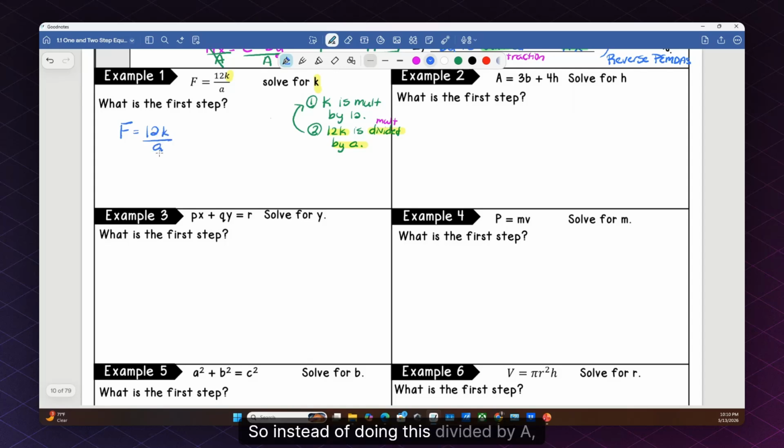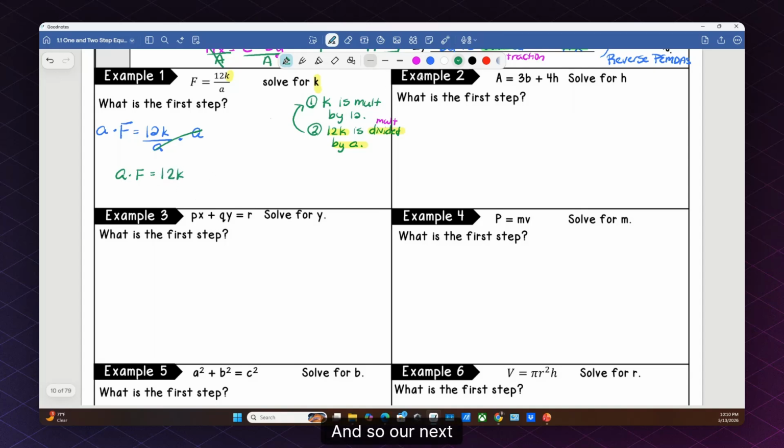So instead of doing this divided by a, we're going to go ahead and multiply by a, which is just what I said over here. We took that divided, and we're going to replace that with multiplied by a. All right. So the a is going to cancel out, and we get a times f equals 12k.